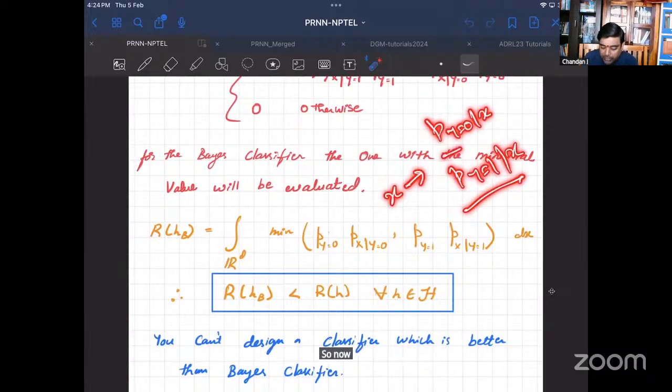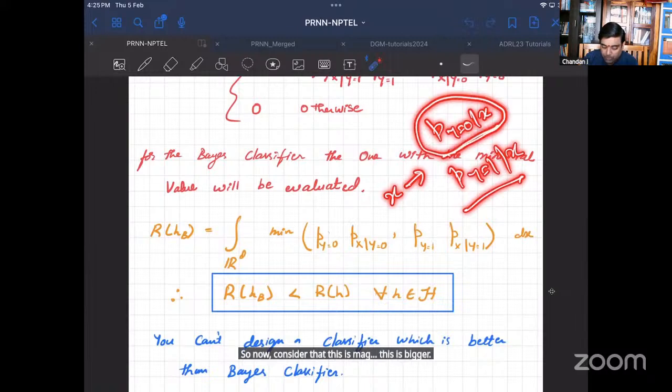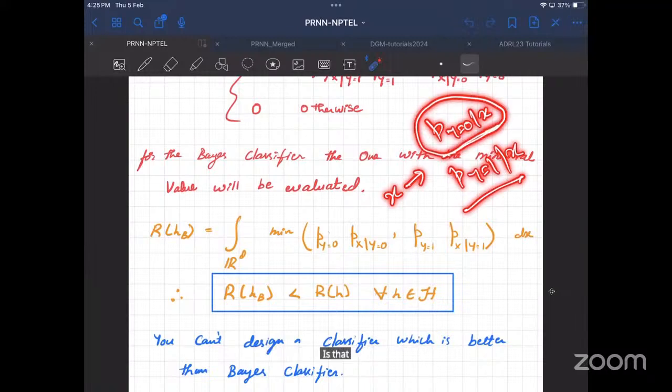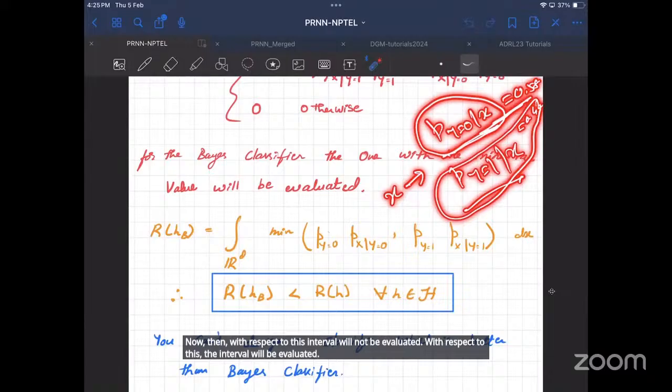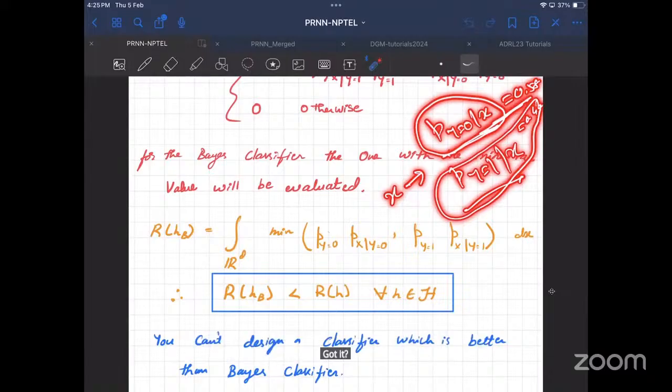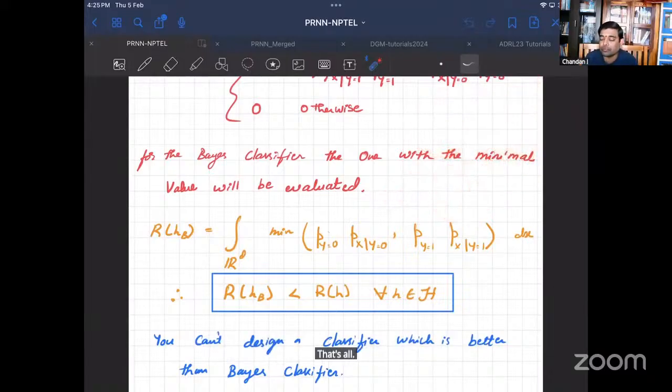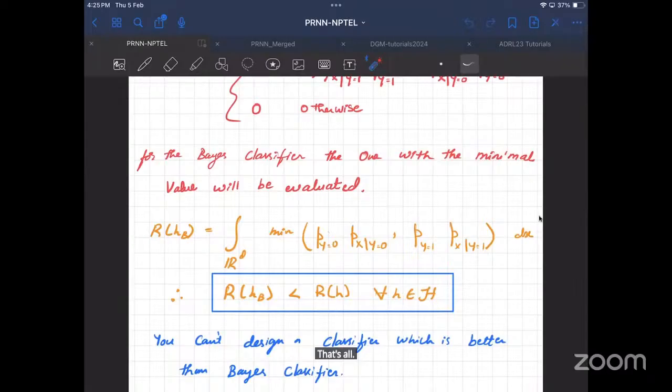So now consider that this is bigger. Let's say this is 0.58, this is 0.42. Then with respect to this, the integral will not be evaluated. With respect to this, the integral will be evaluated. Got it? Yes, sir. That's all. Thank you, sir.